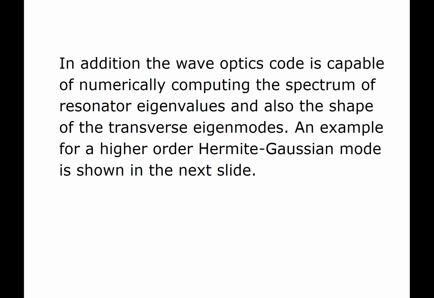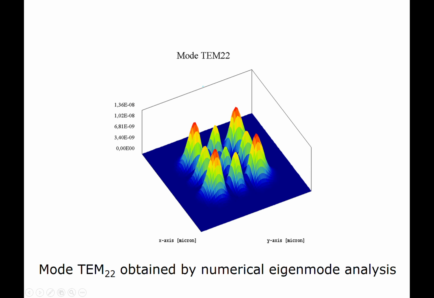In addition, the wave optics code is capable of numerically computing the spectrum of resonator eigenvalues and also the shape of the transverse eigenmode. An example for a higher order Hermite-Gaussian mode is shown here. Okay, so you have heard about the TEM22, for instance, and LASCAD can calculate the higher order modes.